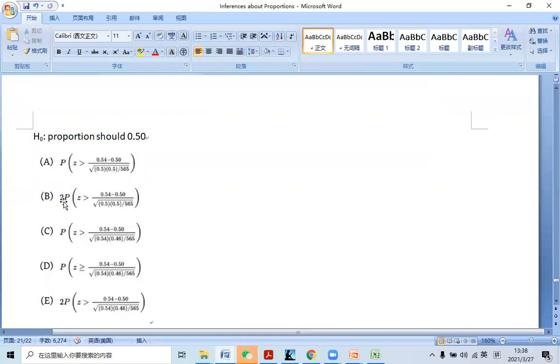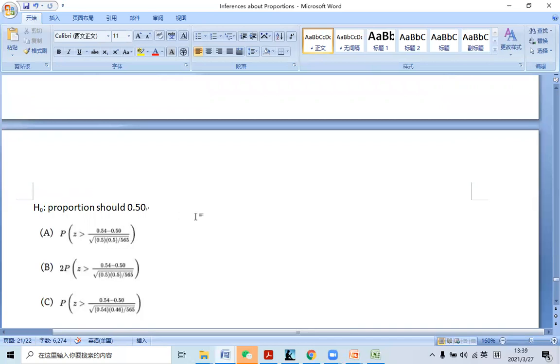In B, you have the probability corresponding to this z-score times 2. What does that mean? That means you are having a two-tailed test, so you are dividing between the left and right half of the normal curve. In this case, should you have a one-tailed test or two-tailed test?